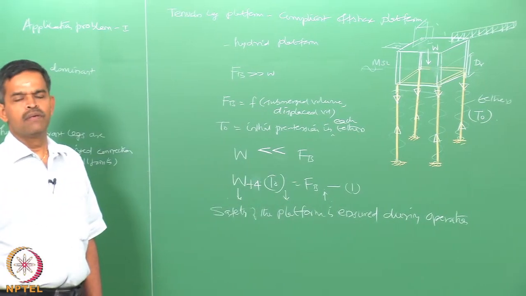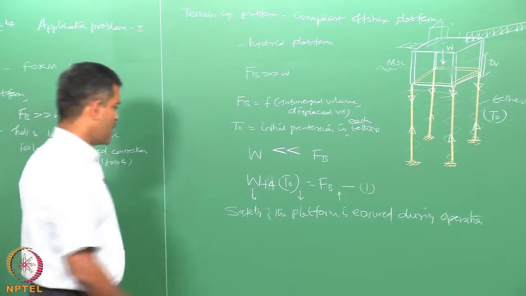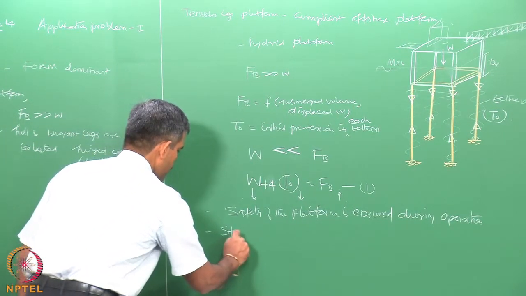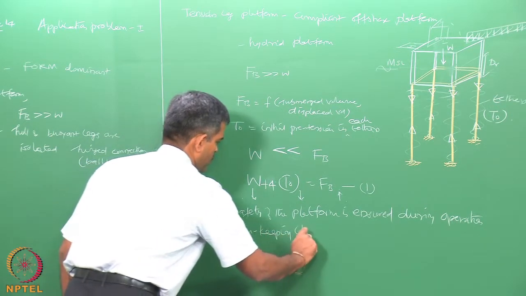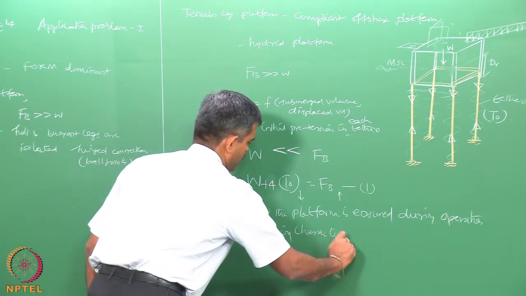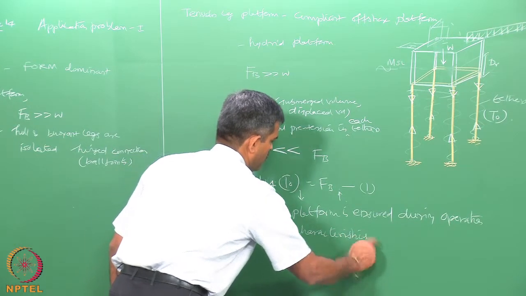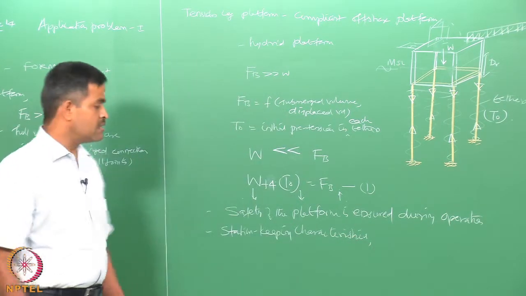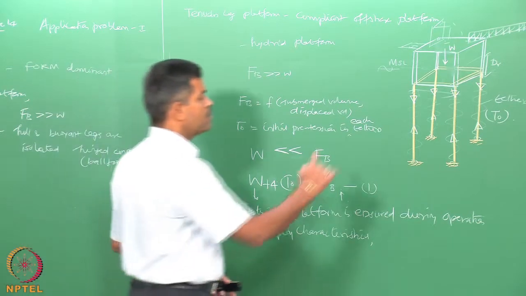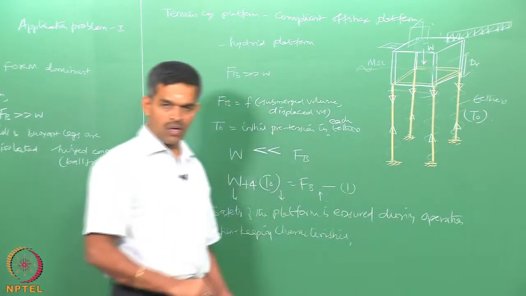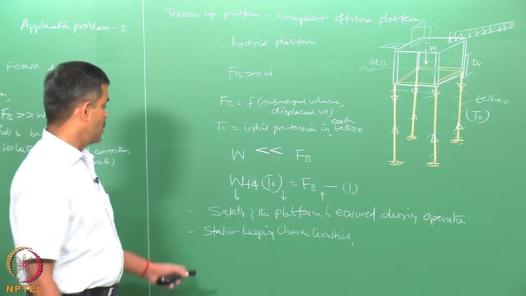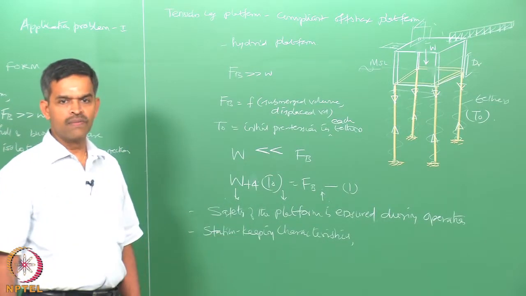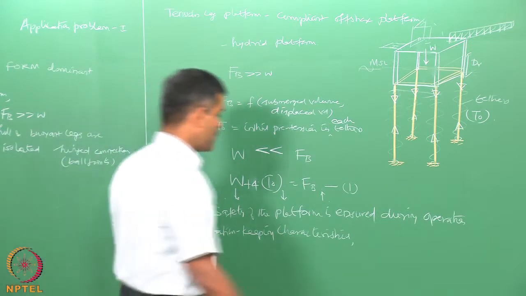Okay. Now, therefore, station keeping characteristics. The station keeping characteristics essentially come from the measurement of T knots or tethers or compliance of tethers for the given loading imbalance. So, station keeping characteristics of the platform need to be examined.